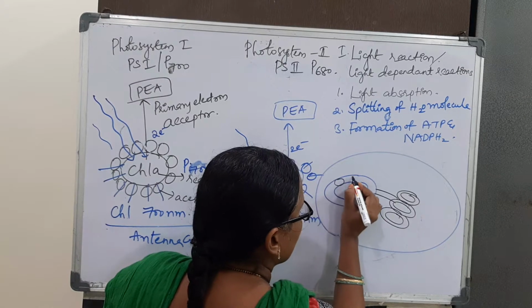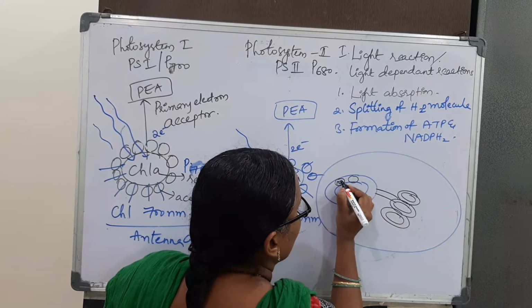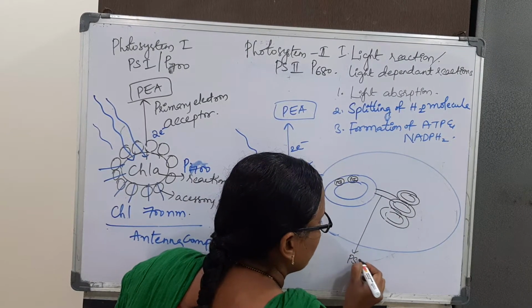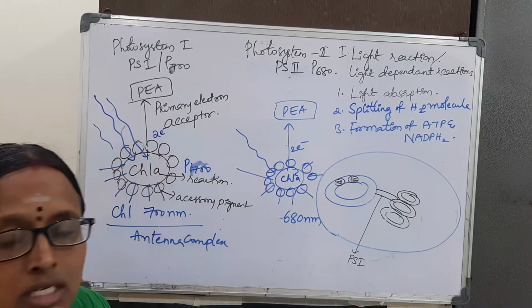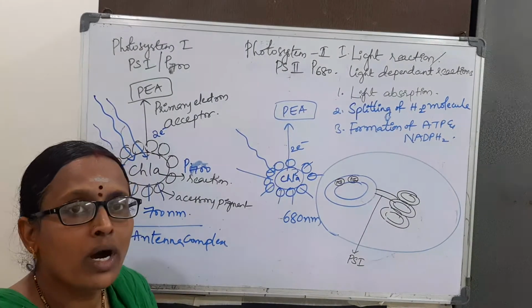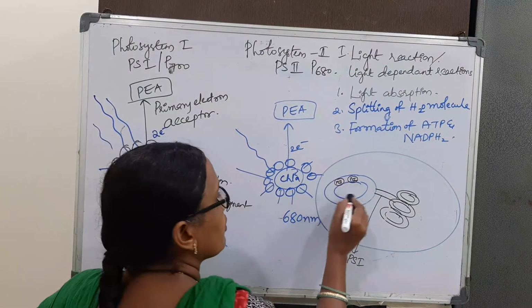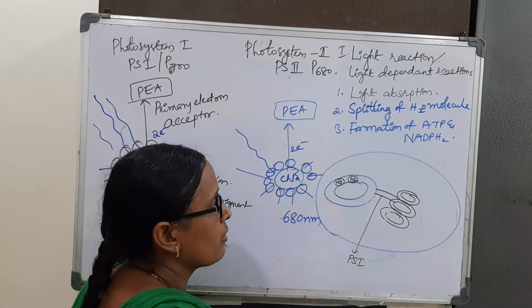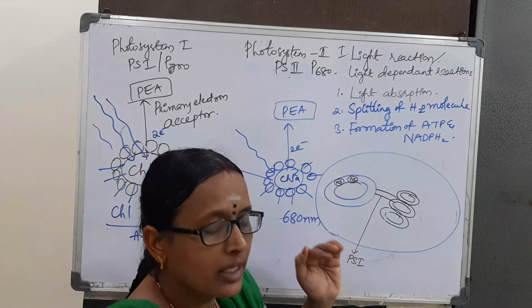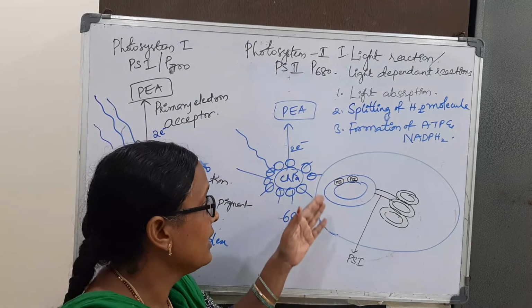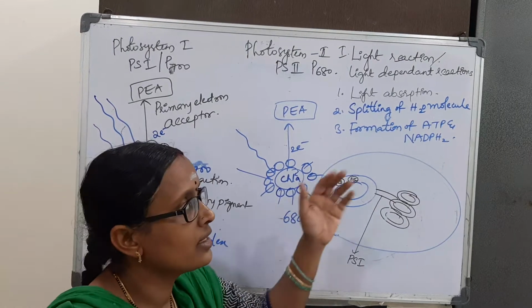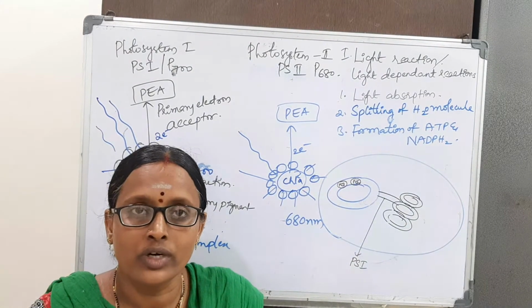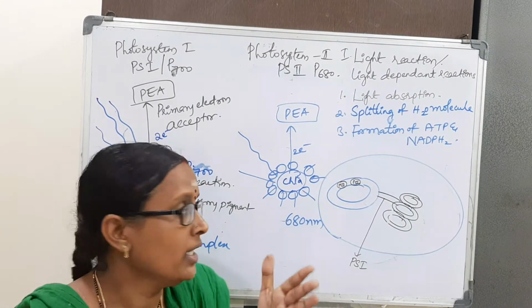In the stroma lamellae, only PS1 is present, whereas in the membranes of the thylakoid, PS2 and PS1 are both present. In non-cyclic photophosphorylation they synthesize ATP and NADPH2, whereas in photosystem 1, in cyclic photophosphorylation, they synthesize only ATP molecules.